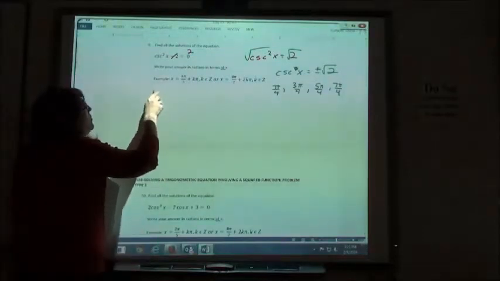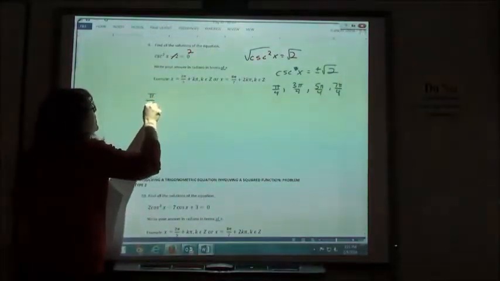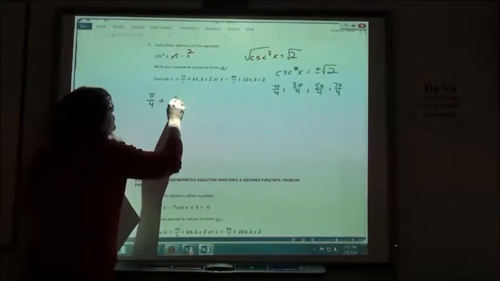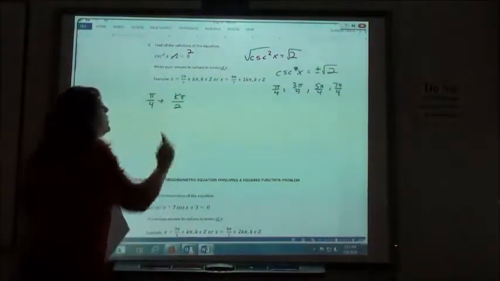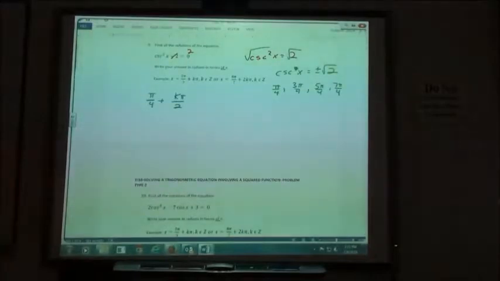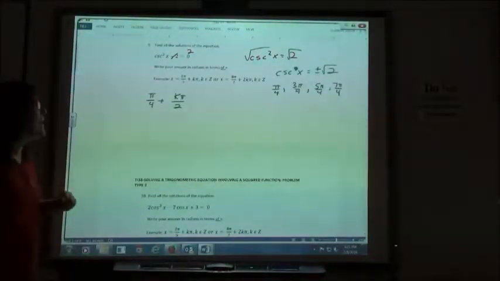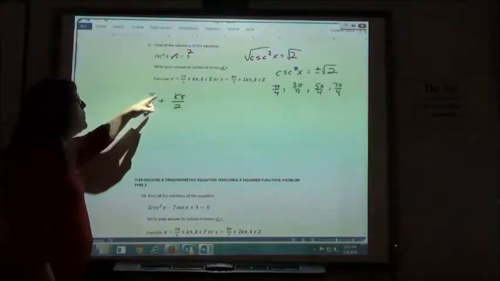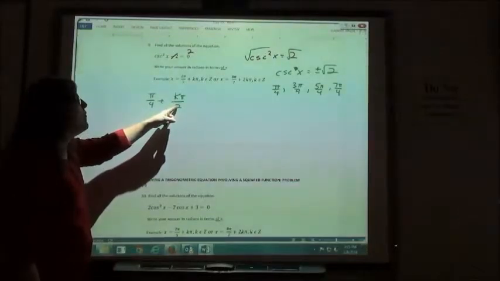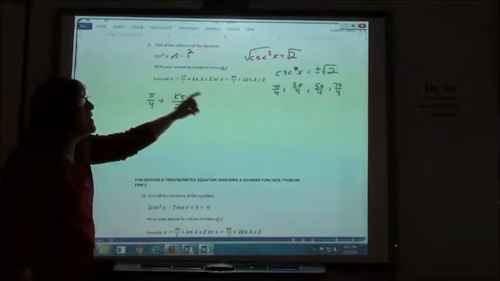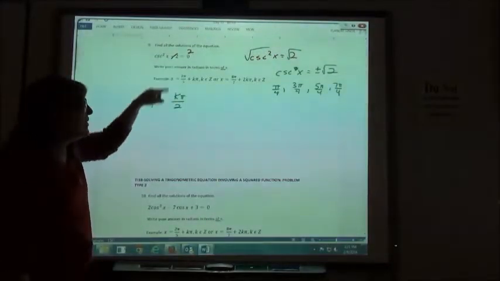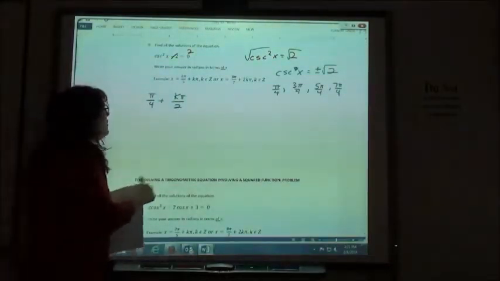I'm going to start off with my pi over 4 plus, instead of doing k pi, which is 180 degrees, I'm going to do k pi over 2. 180 divided by 2 is 90. So I'm going to take pi over 4, add 90 to get 3 pi over 4, add 90 to get to 5 pi over 4, add 90 to get to 7 pi over 4, and then I'm just going to keep going around my circle.